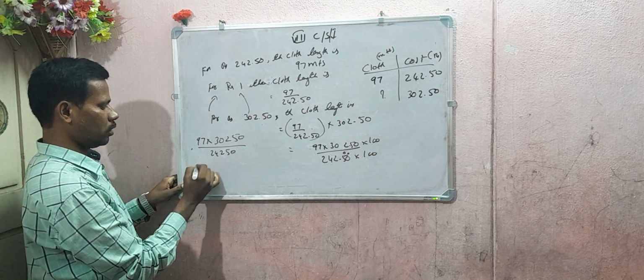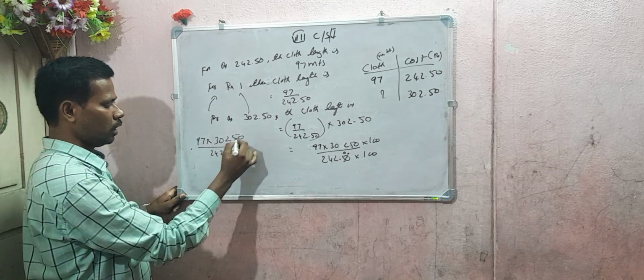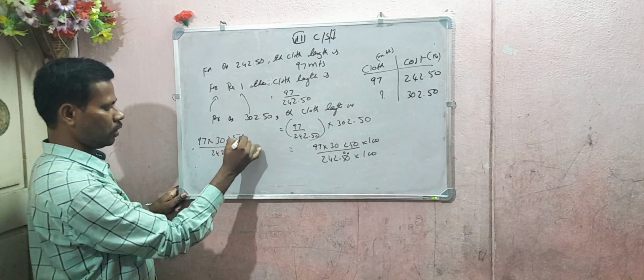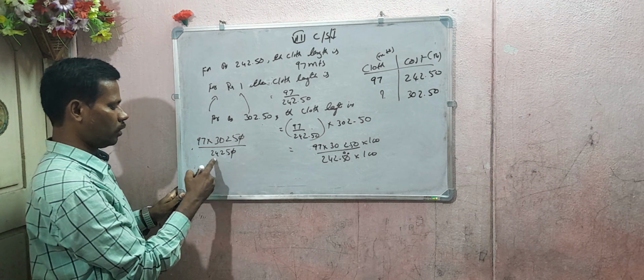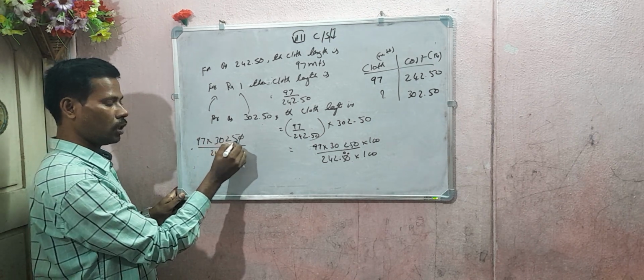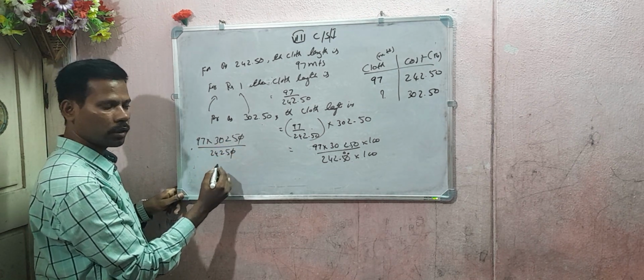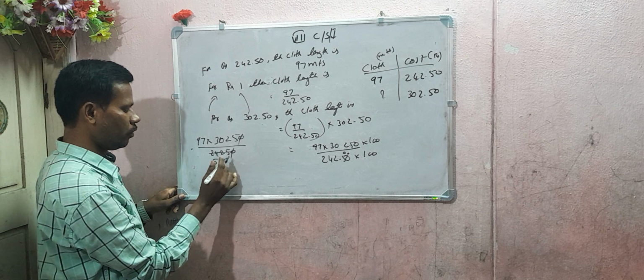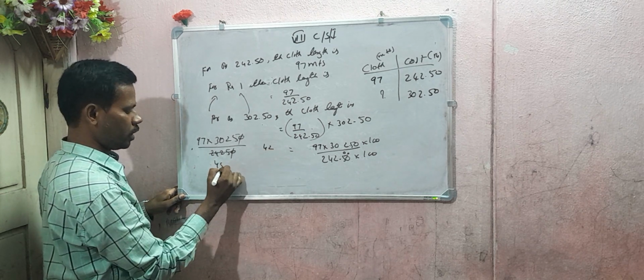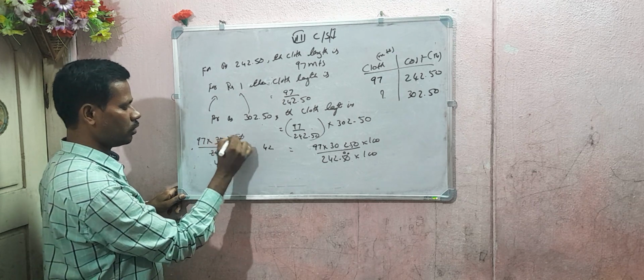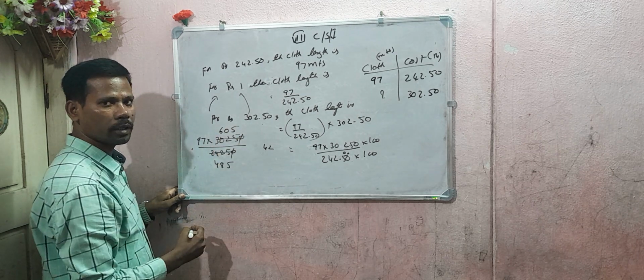Now cancellations. Here 10 and 10 can be cut. Now 2425, and the last digit is 5. Units place is 5, so you can take the 5 table. 5 4s are 20, 5 8s are 40, 5 5s are 25, 5 6s are 30, 5 5s are 25.